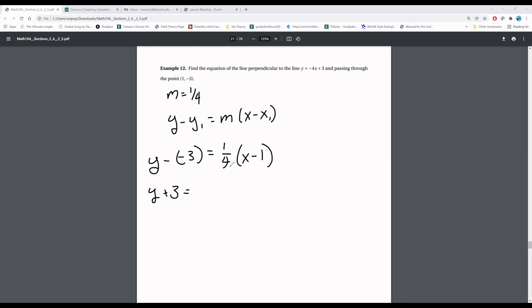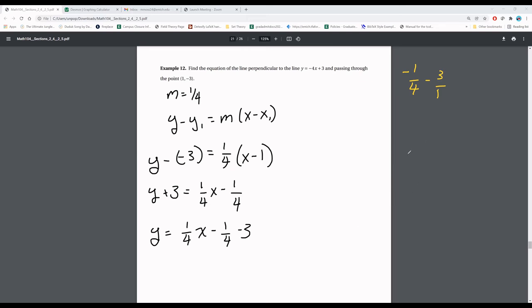I'll carry out this multiplication. That's 1 over 4 x minus 1 over 4 times 1, which is 1 over 4. Subtract the 3 from both sides. Minus 1 over 4 minus 3. And I'm back again to adding fractions. So minus 1 over 4 minus 3, sorry, 3 over 1. I wish it were over 4.